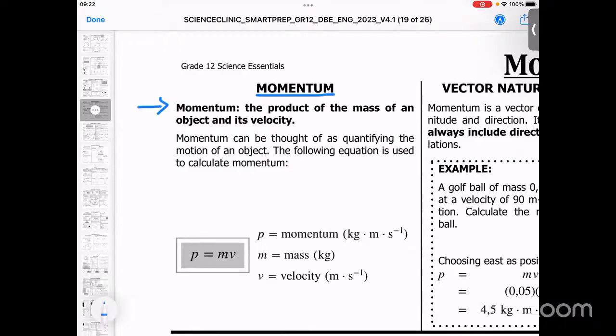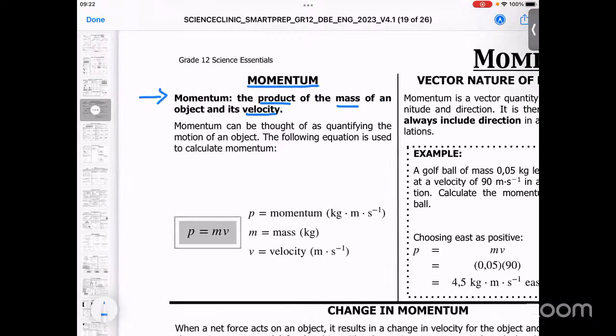So that means, honorable member, the word product, remember, refers to multiplying things. What are we multiplying? It is the mass that we multiply together with the velocity of that mass. That's it. So with that statement alone, you can derive the formula for the calculation of the momentum. Okay, what are they saying there?